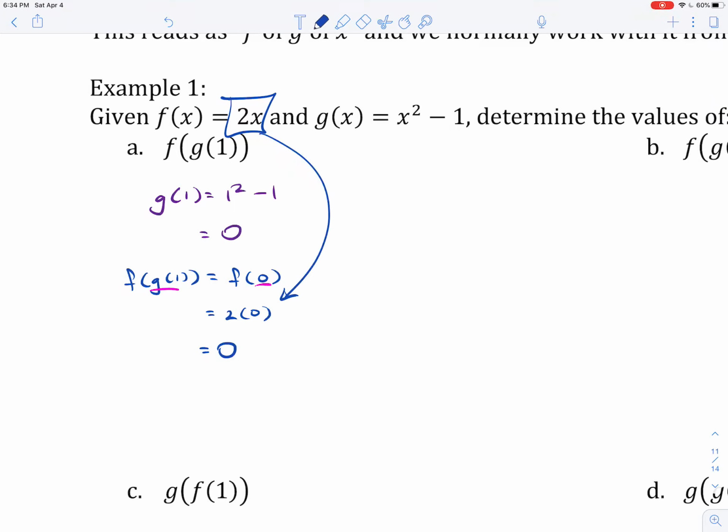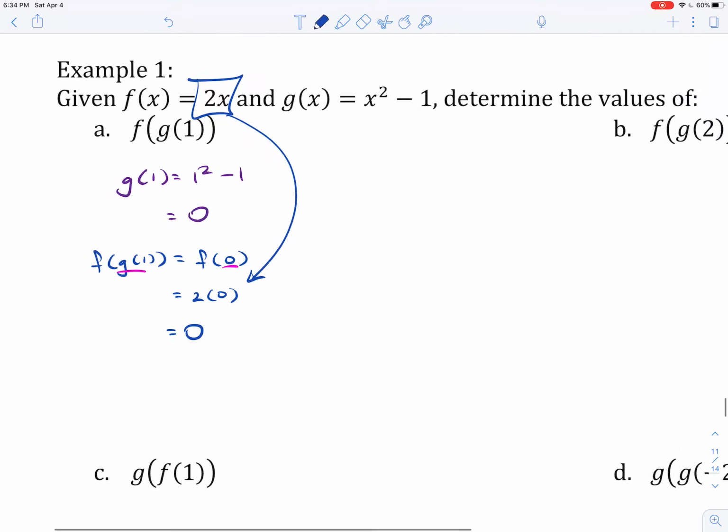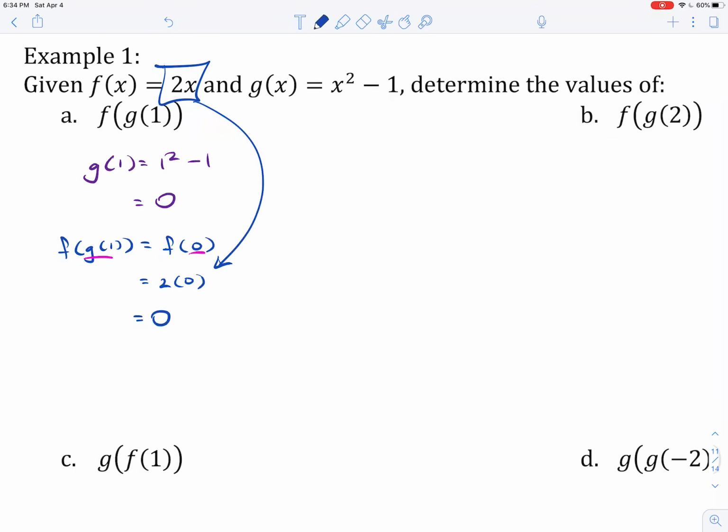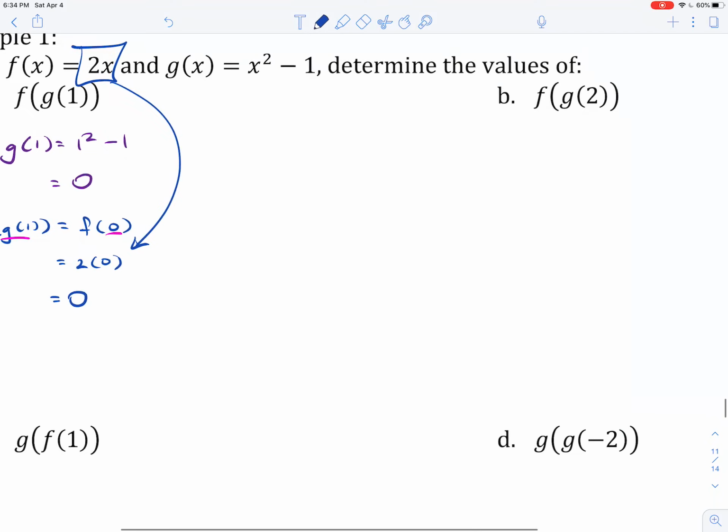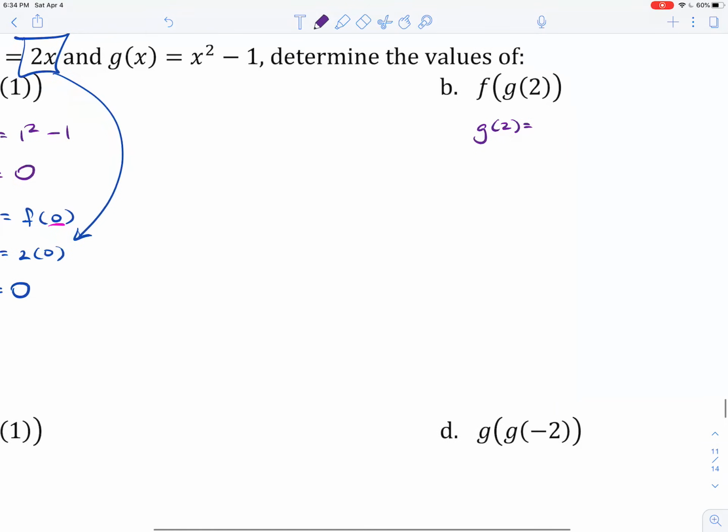I'm going to do the next one in the same way, and I'll show a different style for how you say examples C and D here. But going from the inside out, I can first evaluate what g of 2 actually is. G of 2 is 2 squared minus 1. So that's 3.